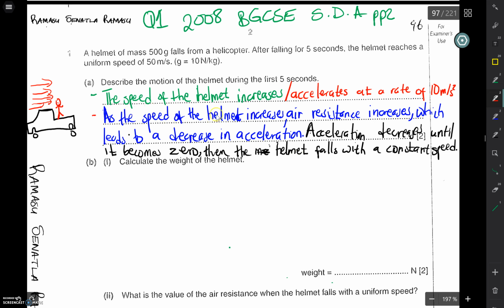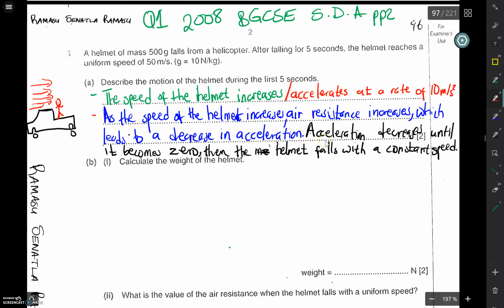The same thing happens here. When the helmet is first dropped, it accelerates at a rate of 10 meters per second squared. But as the speed of the helmet increases, air resistance against the helmet also increases. And this air resistance decreases the acceleration of the helmet.